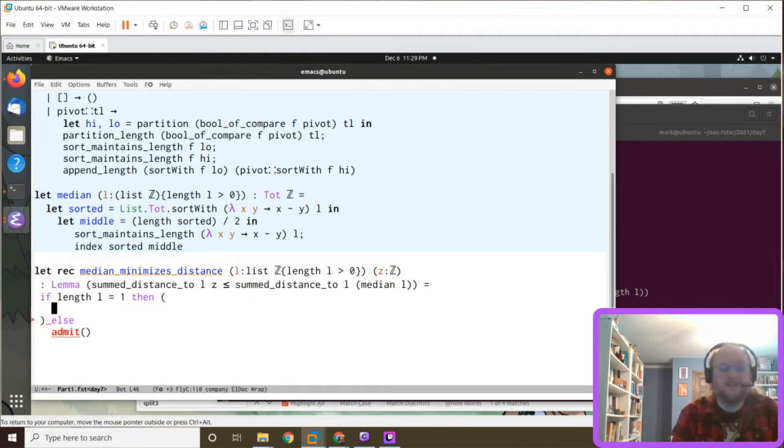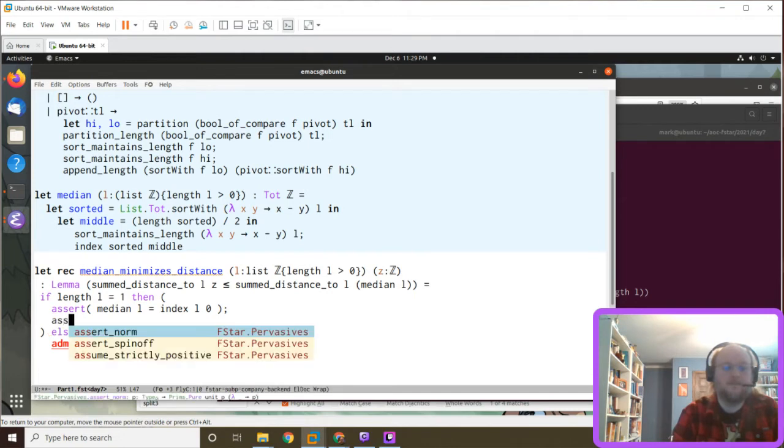So if length is 1, then we know that the median is the only element. Does index... Okay. So he knows that.